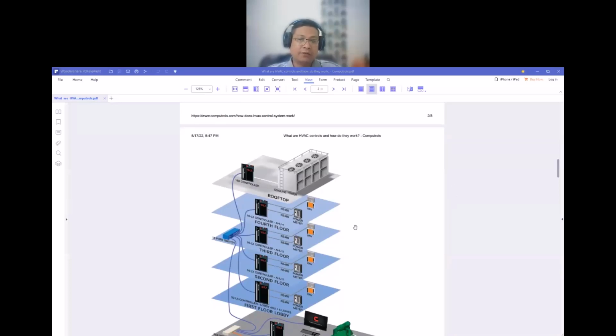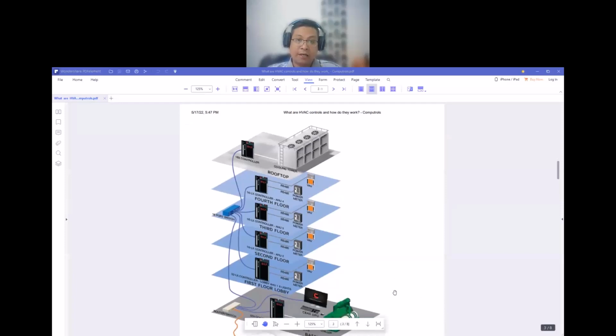We attach a blower on the top, and then we supply the air to the whole building. Maybe every stage or every zone will take a controller to control the zone condition.